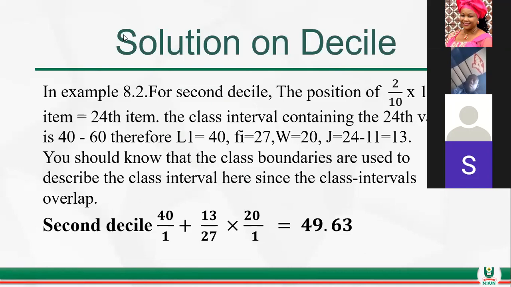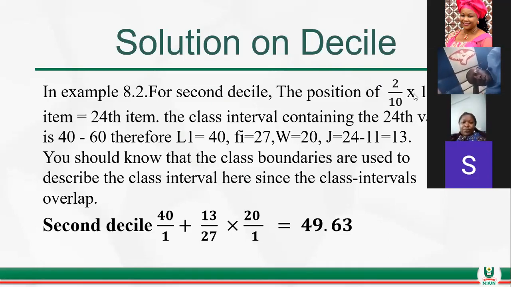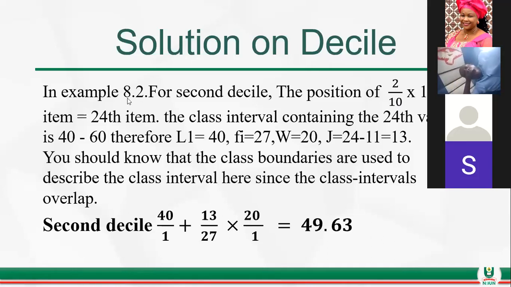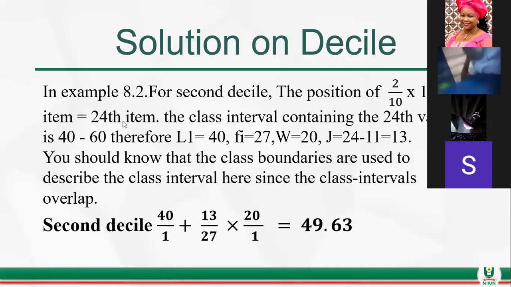Yes, example 8.2. For the second decile, notice the position given to you; that's what you put and divide by 10, times the total number of frequency, to give you the position of the second decile. In this particular case, the position of the second decile is the 24th item.